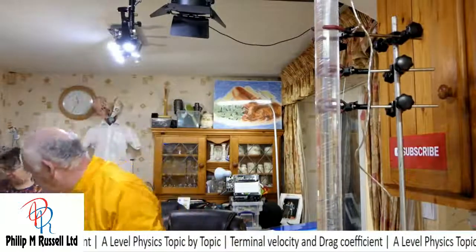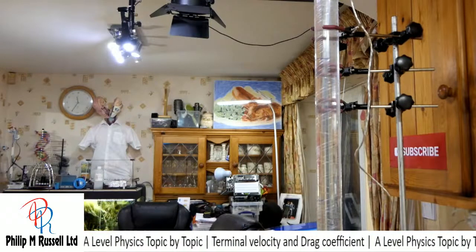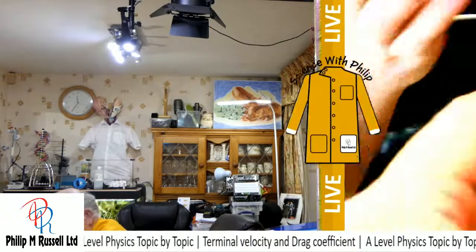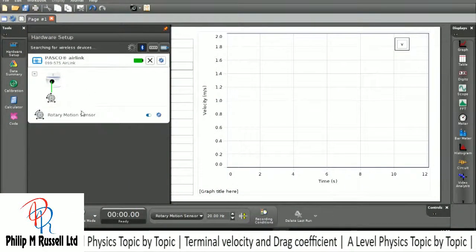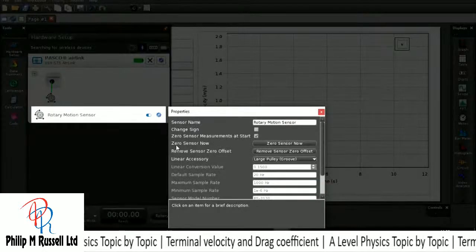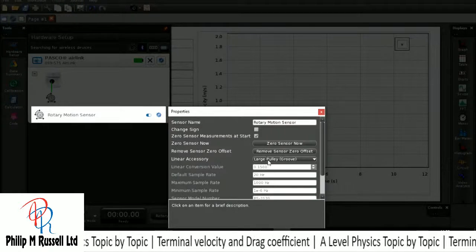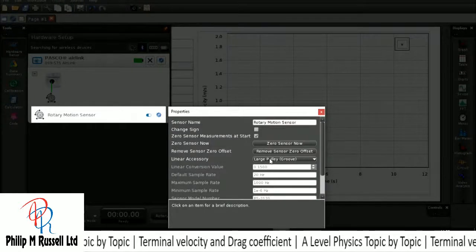Now the software wants me to have some indication here about how the rotary motion sensor is set up, and I've got to choose whether we're going to use the large pulley or whatever.